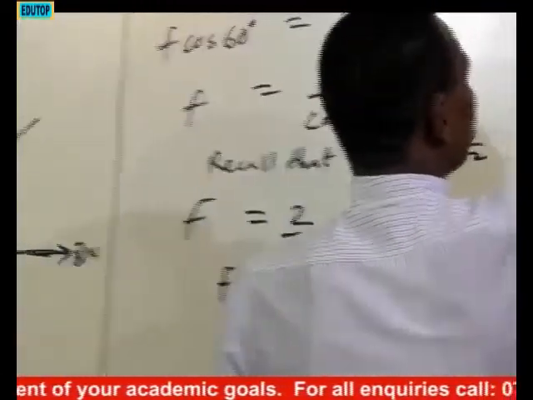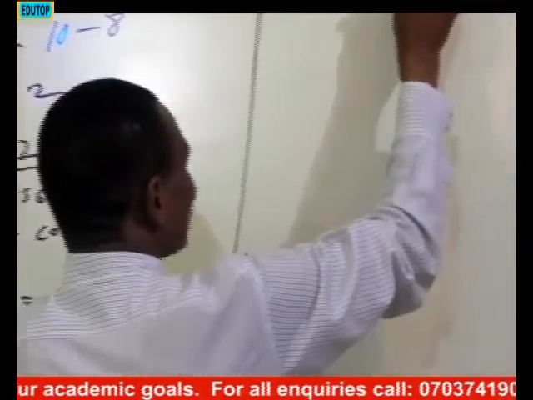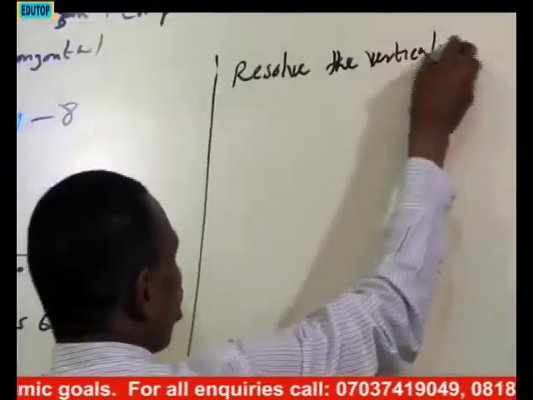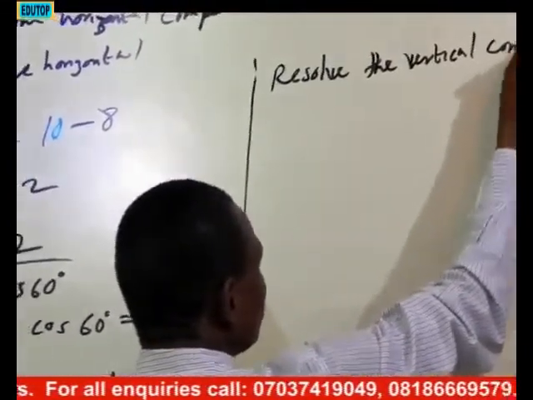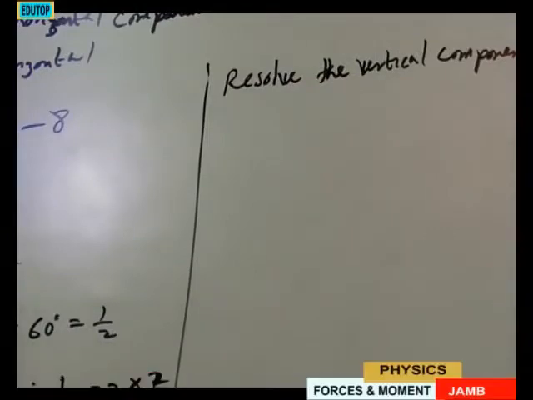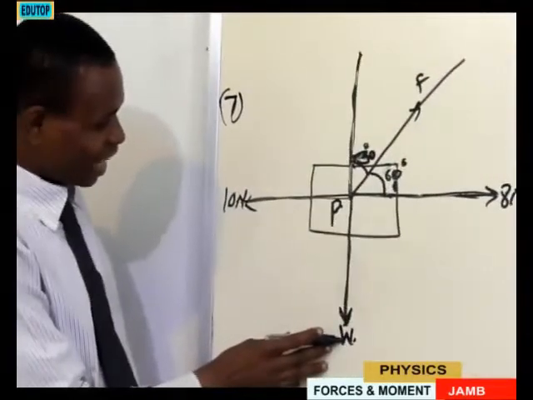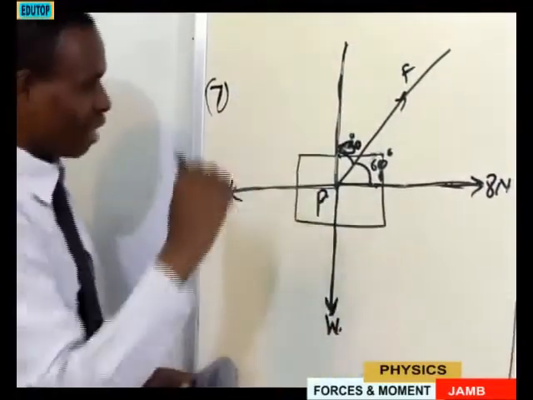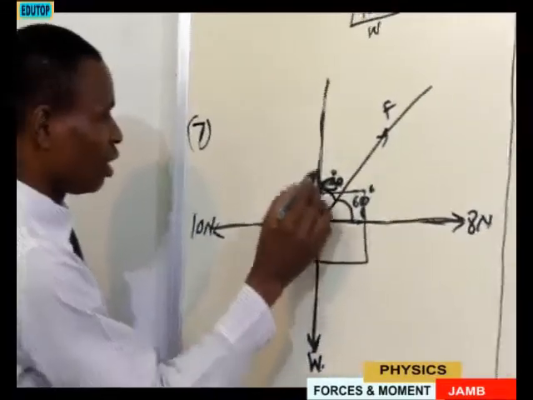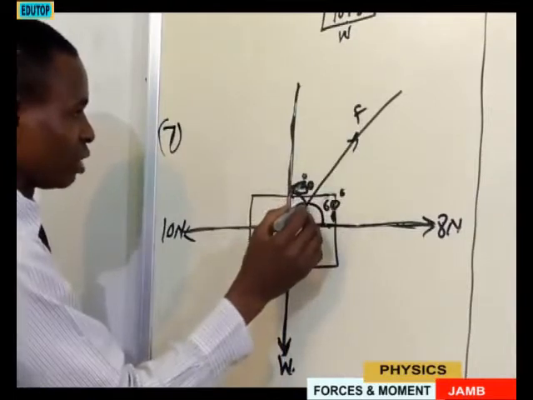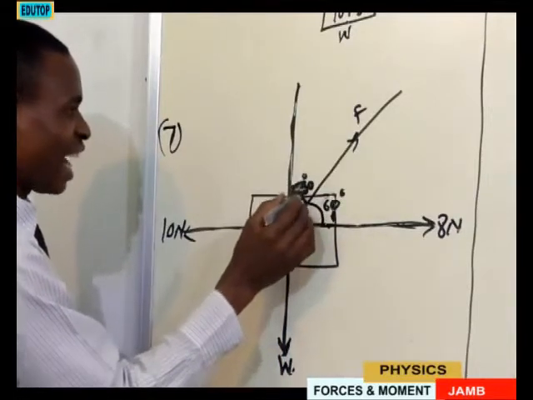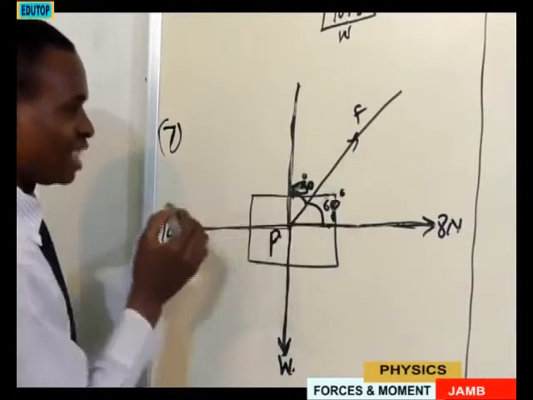We solve the vertical components. Let's look at the diagram again. For vertical components, the weight acts downward in a vertical direction. Then we have the force component to the vertical inclined at angle 30 degrees.